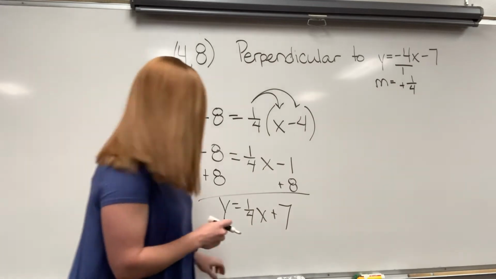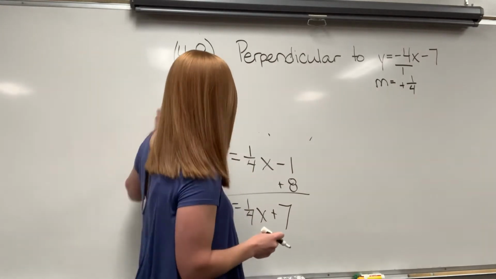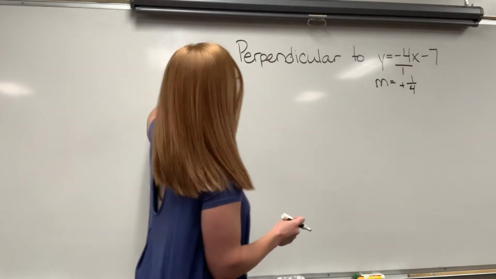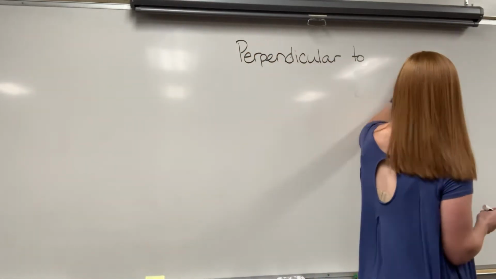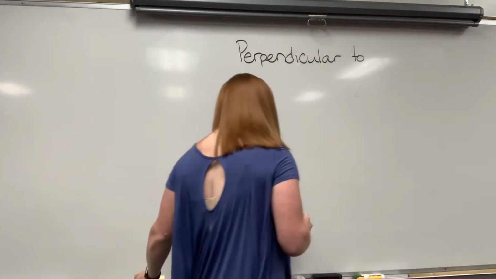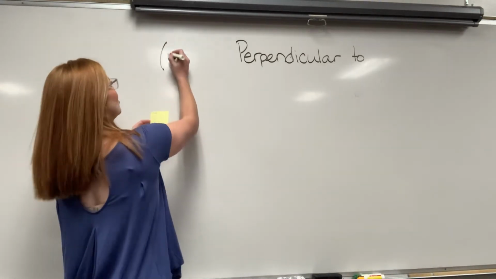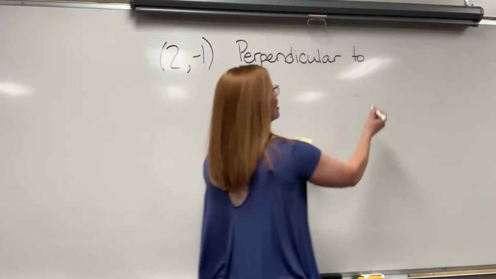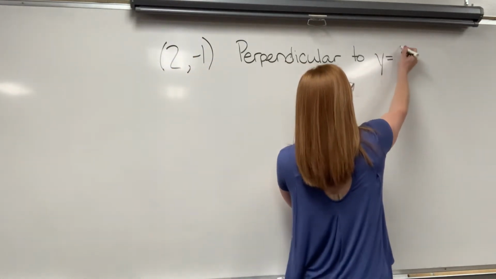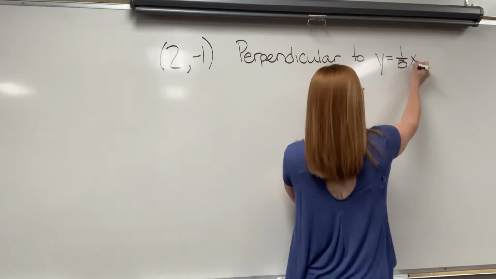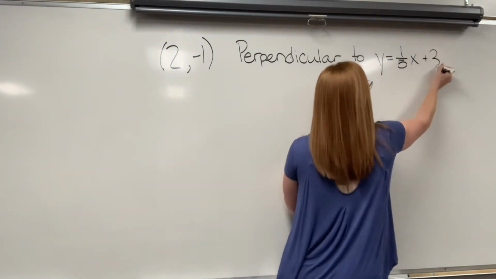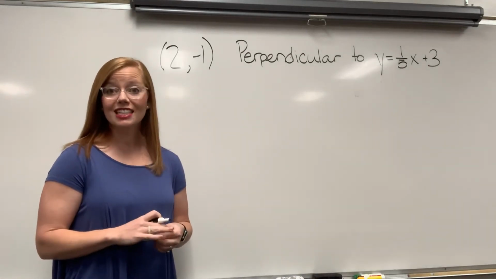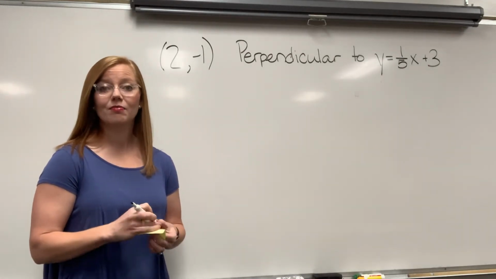Let's do one more together. If I were given the point (2, negative 1), and I wanted it to be perpendicular to y equals 1/5 x plus 3, first thing I would need to do is identify the slope of the line that they gave me.